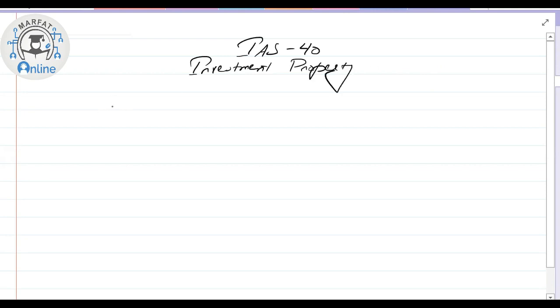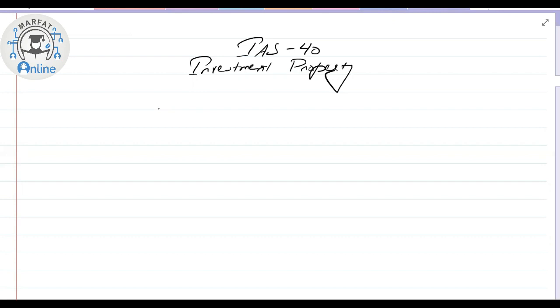another standard which is quite related to IAS-16, and you will see that there are so many things which are similar. That is IAS-40, investment property, which I gave the introduction to as well. Now, investment property, again, these are tangible non-current assets.